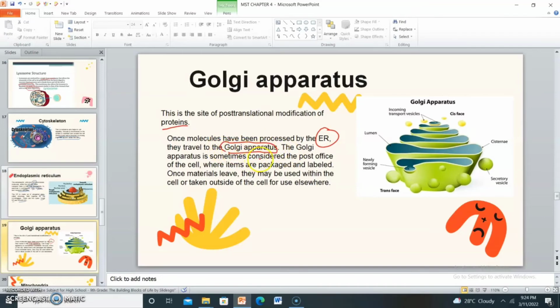A Golgi apparatus is sometimes considered the post office of the cell, wherein items are packed and labeled. Once materials leave, they will be used within the cells or taken outside of the cells for use elsewhere.